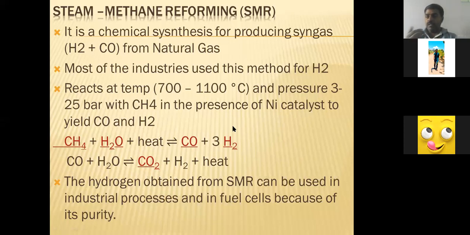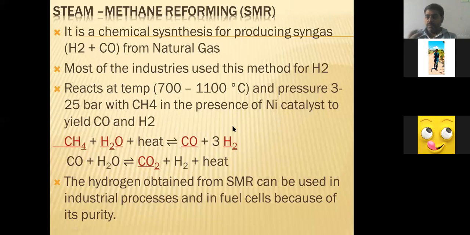The pressure is also increased, because we know very well from Charles's law that pressure and temperature are proportional to each other. So both the pressure and the temperature are increased.